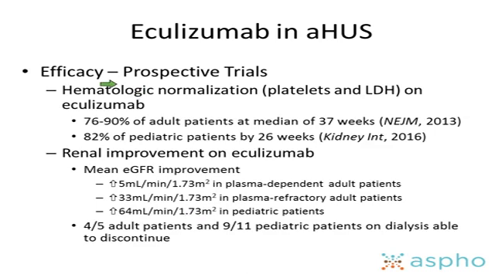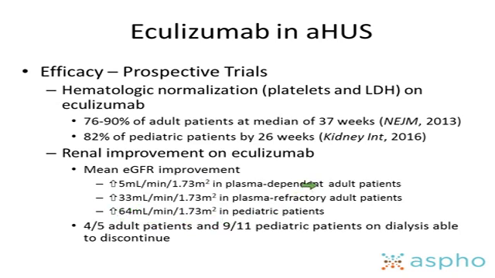From these trials, Eculizumab was shown to be efficacious both in terms of normalization of the hematologic abnormalities in 80 to 90% of both adult and pediatric patients, as well as renal improvement, in that the mean estimated GFR improvement was quite profound in adult patients who were plasma refractory, as well as the pediatric patients who tended to be started on this therapy earlier in their disease course.